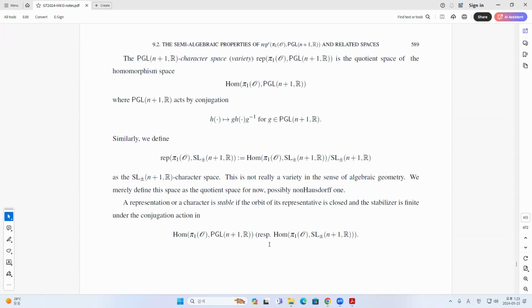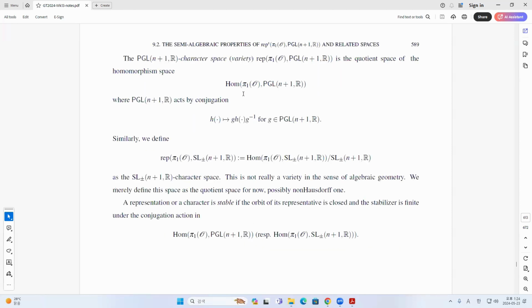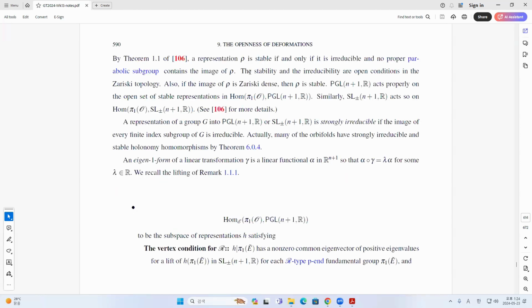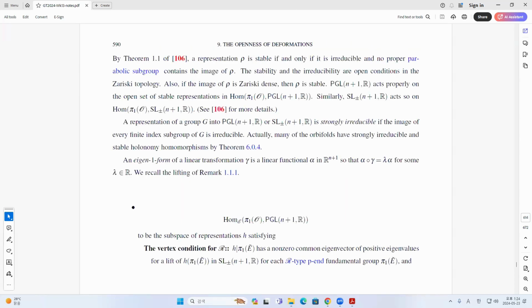So in this set, the representation is stable if it's irreducible and no parabolic subgroup contains the image of rho. And stability and irreducibility are open conditions in the Zariski topology. These are only true in these groups here, so don't think otherwise.